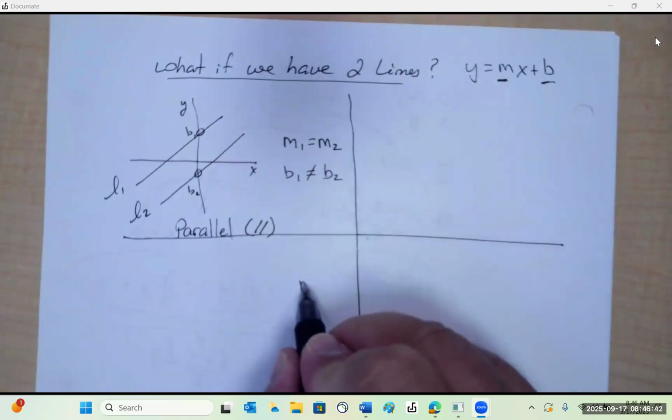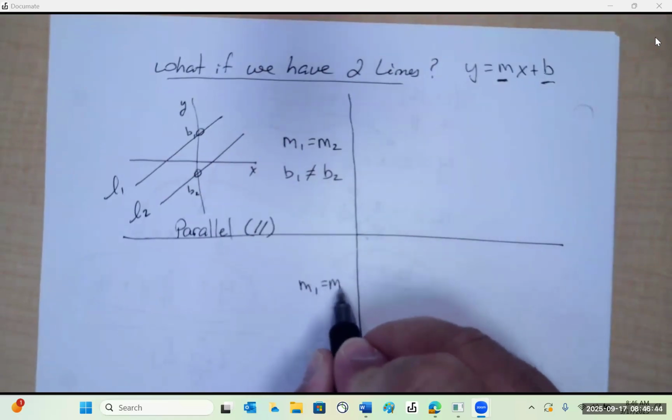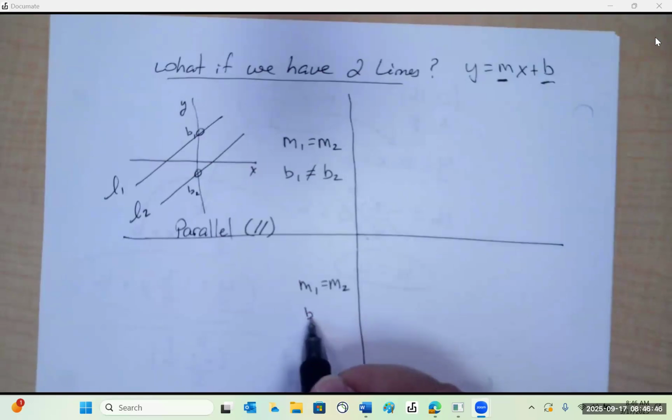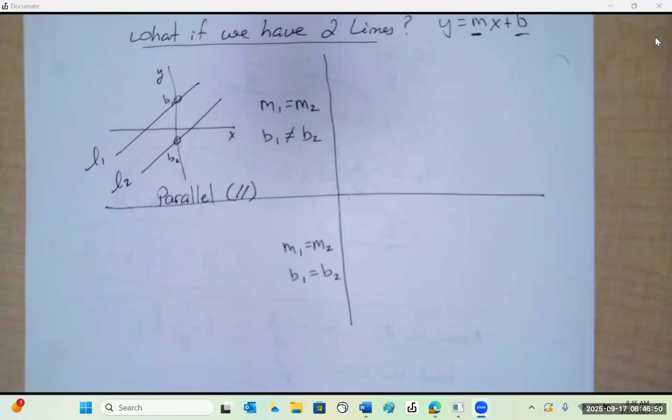What would happen if they had the same slopes and the same y-intercepts? What would that look like? You're jumping ahead there. The same line, yeah.